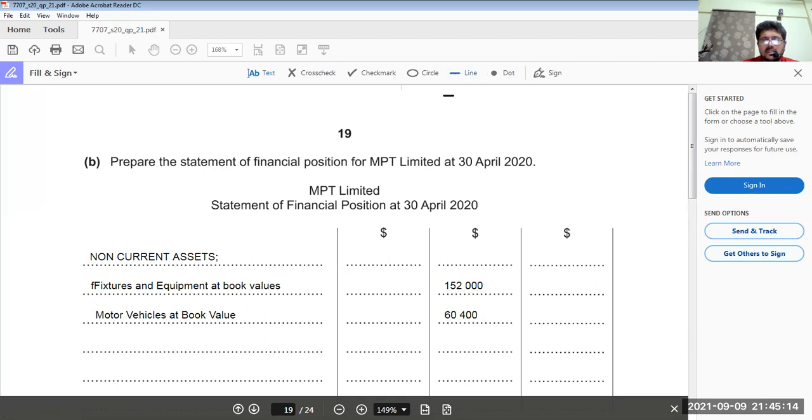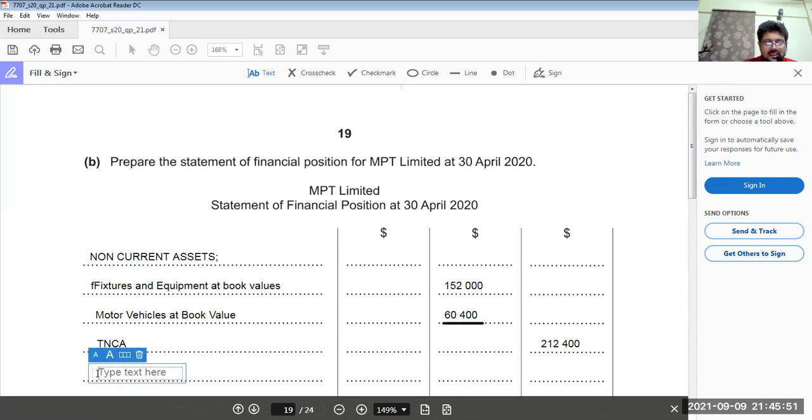Total non-current assets $212,400. 212,400 is your total non-current assets, TNCA.